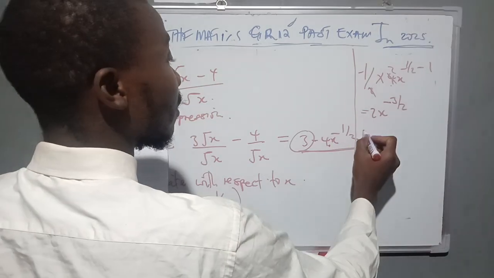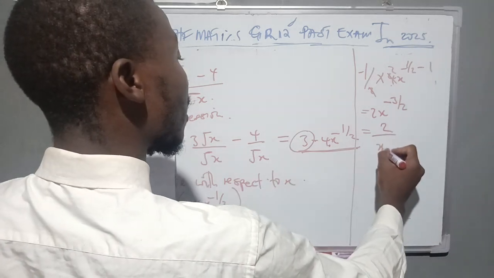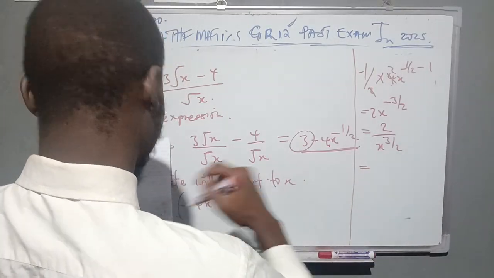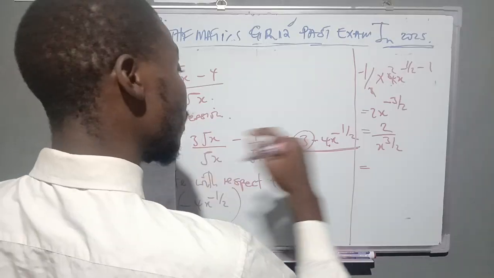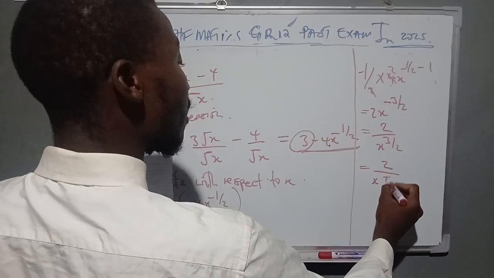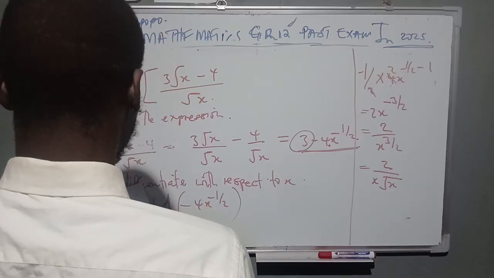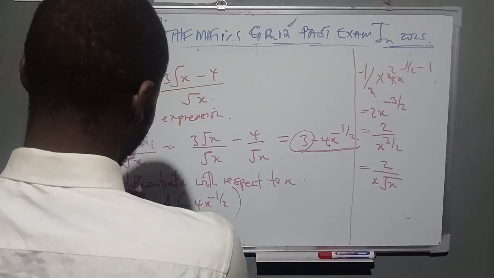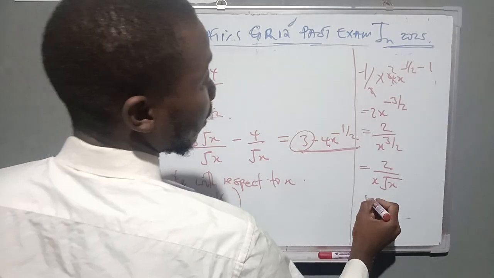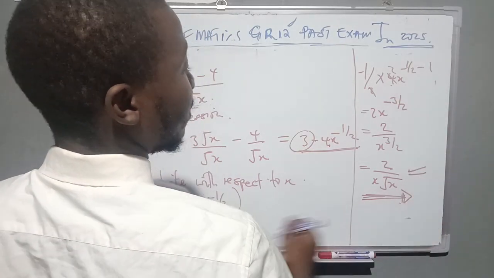Then from there we can say 2 over x to the power 3 over 2, which equals 2 over x root x, like that. That is also true. Alright, so this can be our solution. You can leave it there.